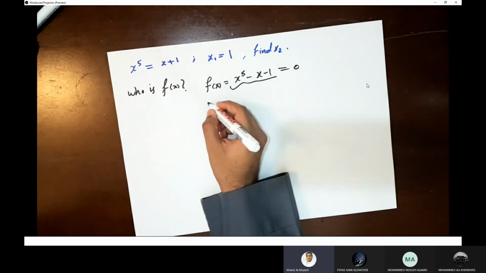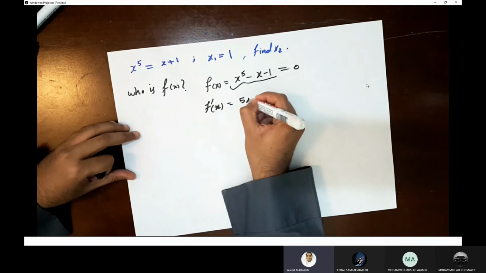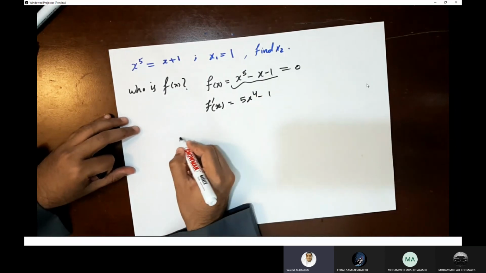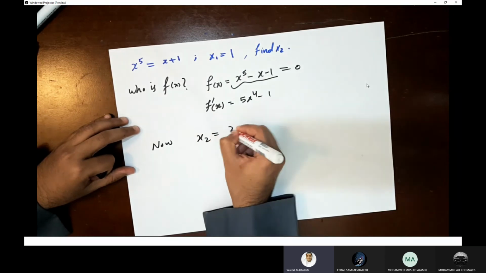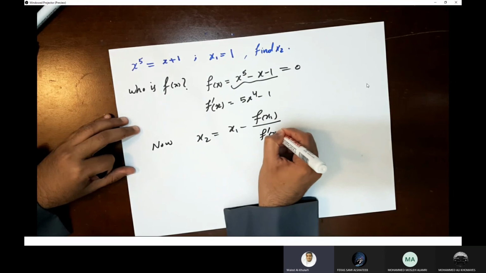So next, I need to find the derivative. The derivative is 5x to the power 4 minus 1. And now, according to Newton's formula, x2 is equal to x1 minus f of x1 over f prime of x1.